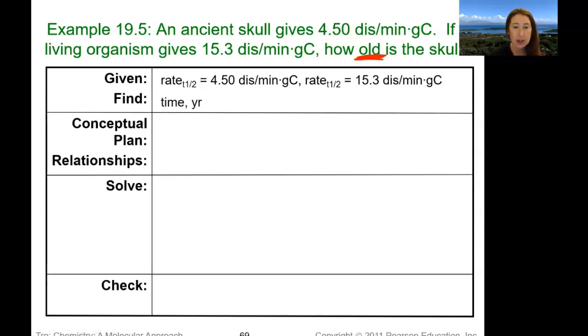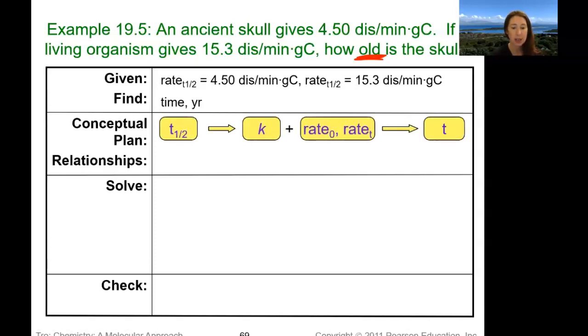We want the time. So no matter what, we still have to figure out our rate constant. But this time they're telling us something about our half-lives. It's pretty much the same thing, just this time we have the rate. So this looks more like what you saw in Chem 219. It's basically the exact same equation.